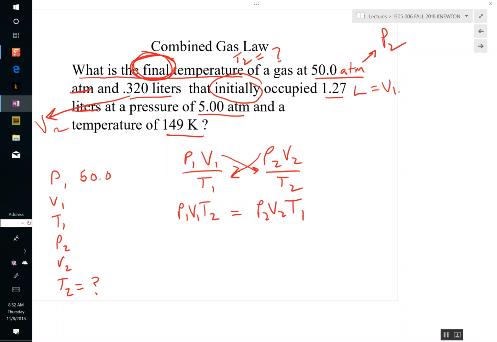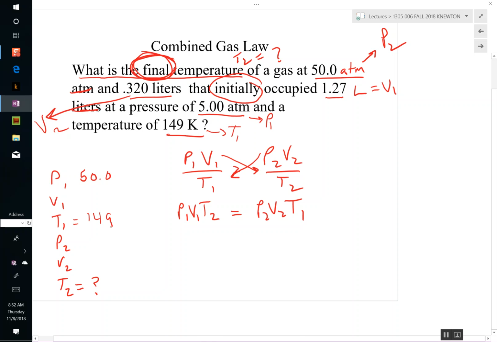How do you know 1.27 liters is a volume? The unit. Liters is a volume. The problem doesn't tell you that's a volume, but the unit does. At a pressure of 5 atmospheres, so this is P1, and a temperature of 149 Kelvin.